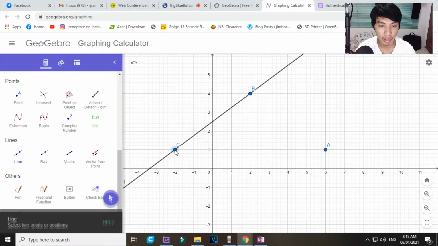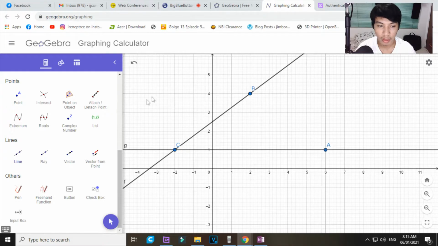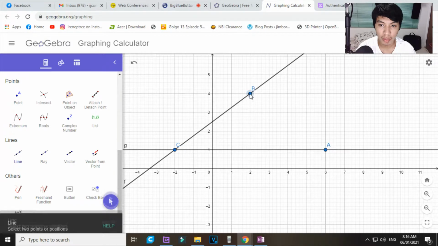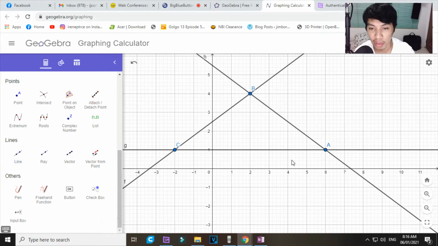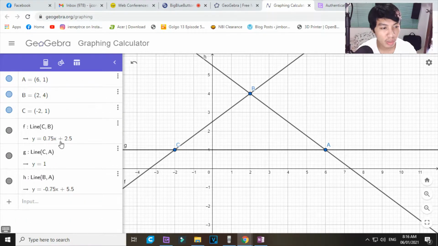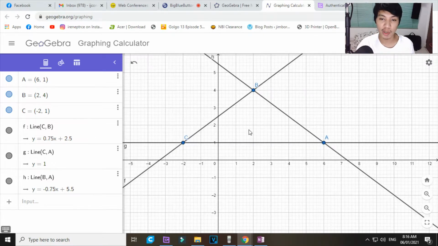Ito tsaka ito. Tapos, ito tsaka ito. From here up to here. Makikita nyo yung triangle nyo. Makikita nyo yung kanyang length. So, makita mo yung line formula, tapos yung line equation. Makikita mo na ngayon dito yung length ng line. So, what is formed? Ano ba yung na-form na triangle dyan? A right triangle, isosceles, scalene.